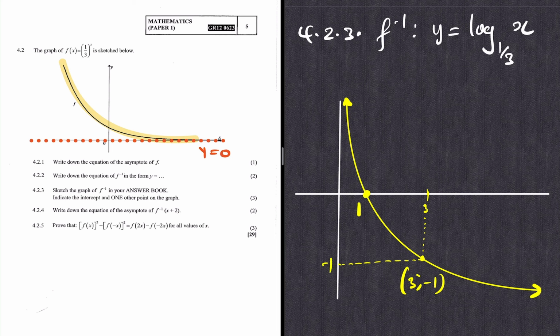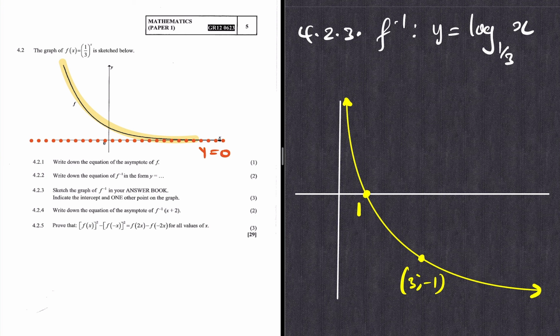This is -1 when x is 3. That is the point which they are looking for. You don't have to really show this. I was just trying to give you at least a sense of justice there.